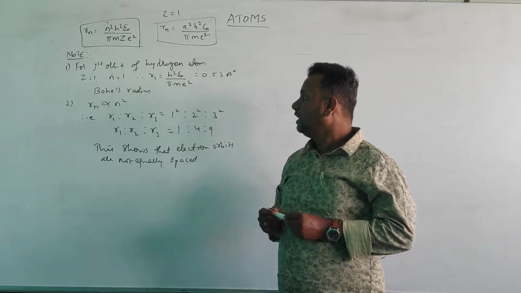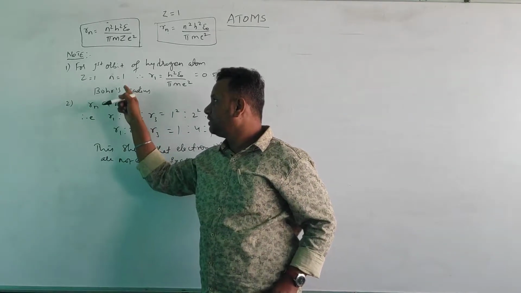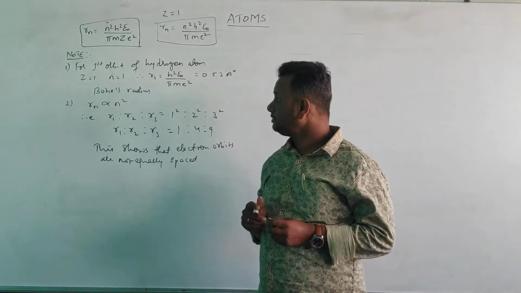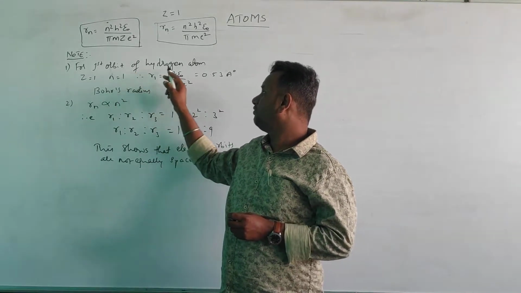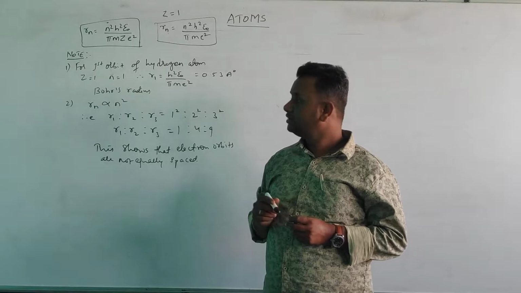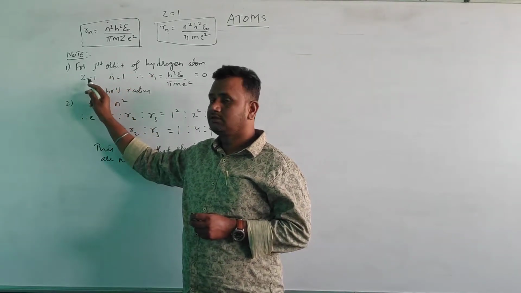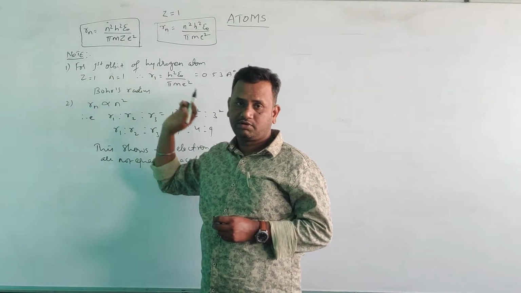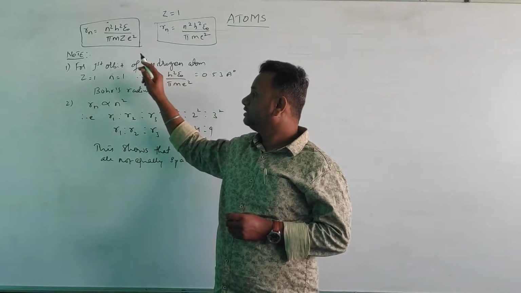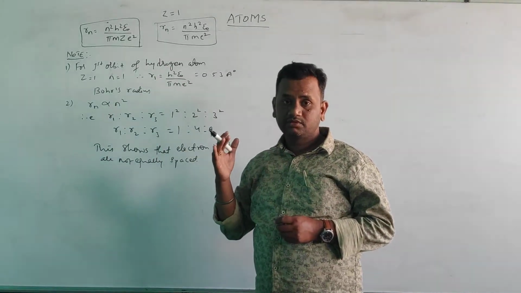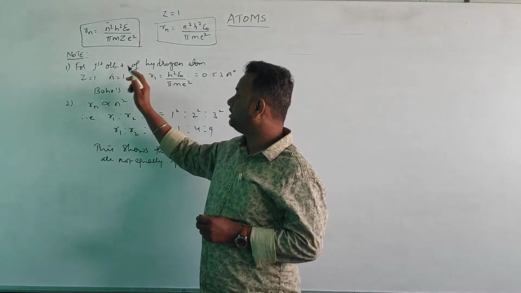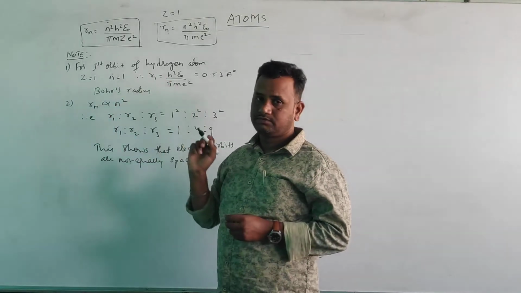You should remember these two important notes. For the first orbit of the hydrogen atom, as we know, the atomic number Z is equal to 1. We are saying first orbit, so our orbit number will be n is equal to 1.